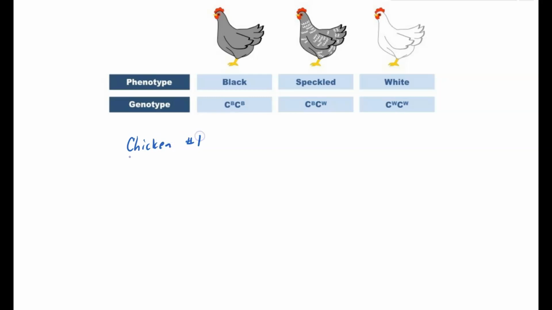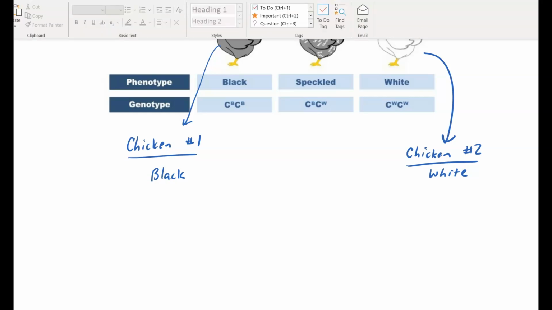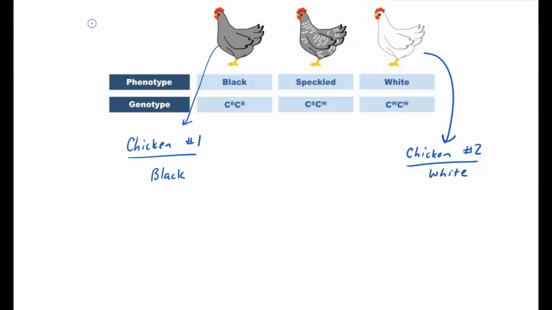So in this case, let's say I'm going to take this black feathered chicken and use that one for chicken number 1. And then for chicken number 2, we're going to use this white feathered chicken. It's a little bit different in terms of how we actually write the alleles out. In complete dominance, we just wrote big A, big B, little b.